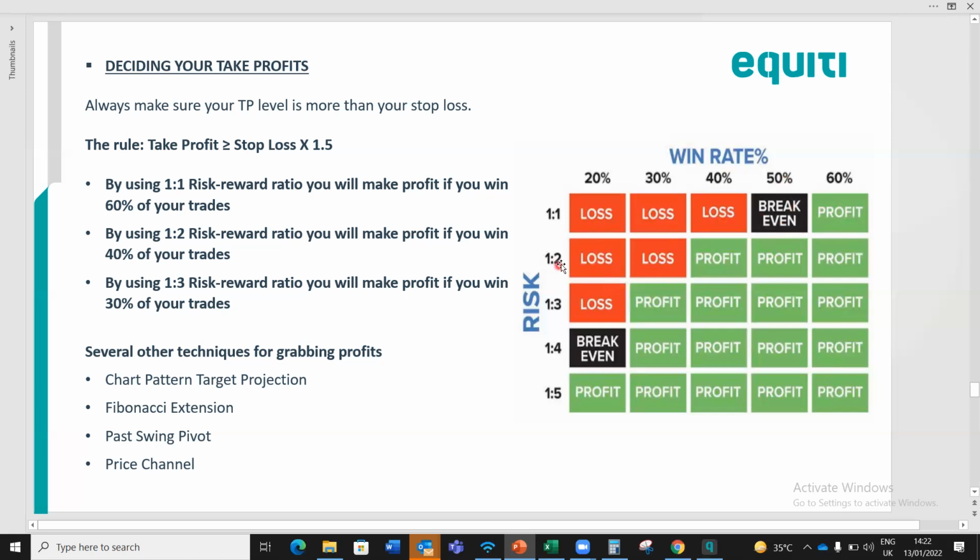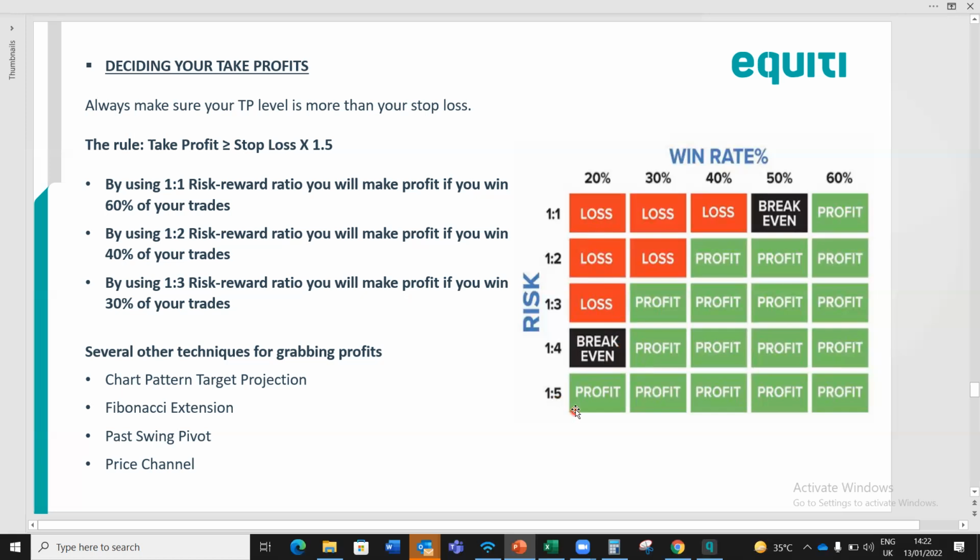If you're using a 1:2 risk to reward ratio, you're only going to start making profits if you win 40% of your trades and above. If you're using 1:3, you're only going to start making profit from 30% of your trades that are won. Okay, if you're using 1:4, then at least 20% of your winning trades will make you break even.